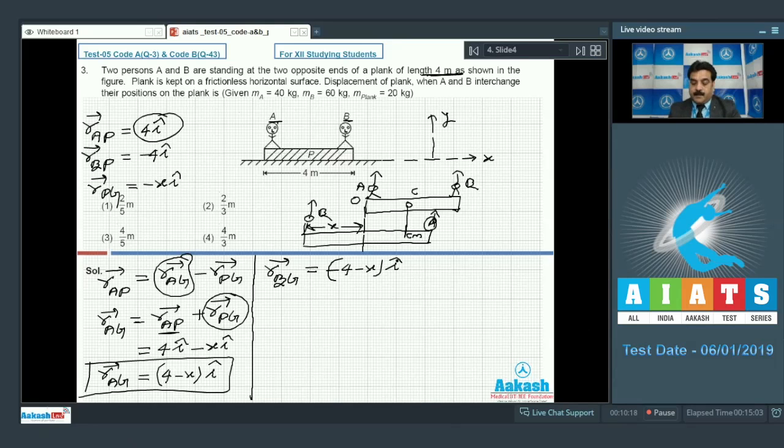Now, I need to calculate the displacement of the center of mass with respect to the ground.